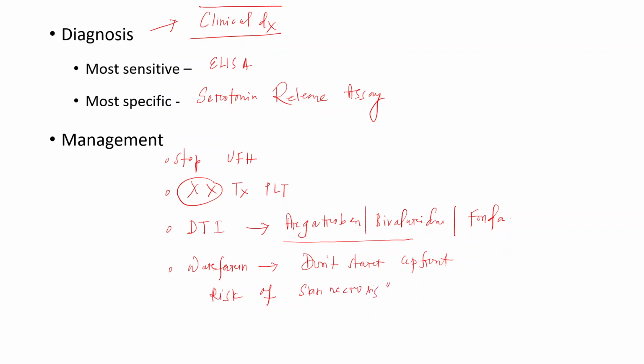I'll be discussing the mechanism behind this under warfarin, so I'm not going to discuss it here. So do not start warfarin upfront. Always start with direct thrombin inhibitors, argatroban or bivalirudin, and then gradually, once the platelet count normalizes, that is more than 1 lakh, then you can gradually start low dose warfarin, and continue.